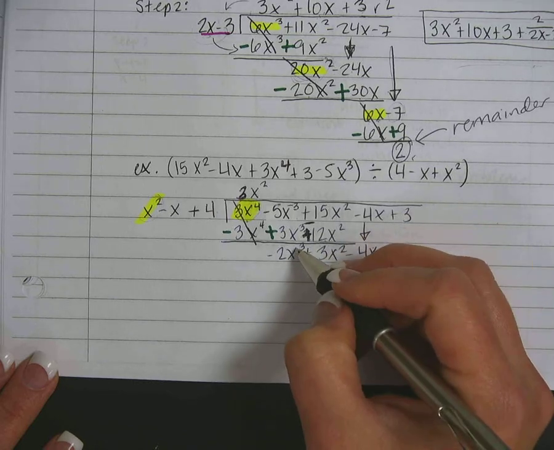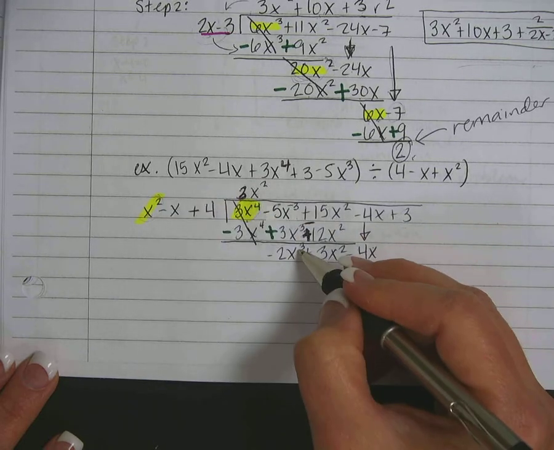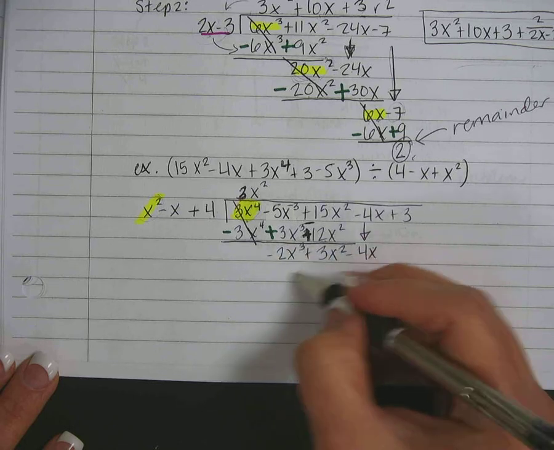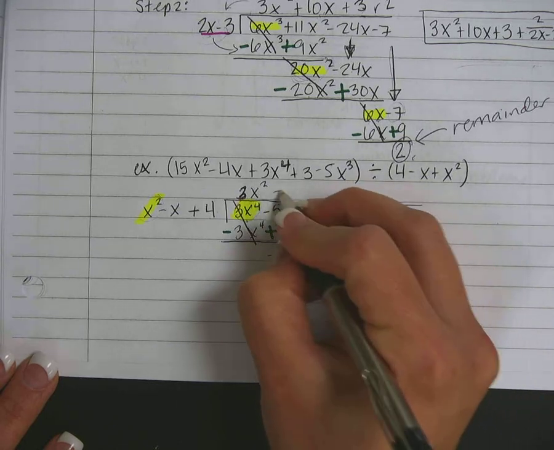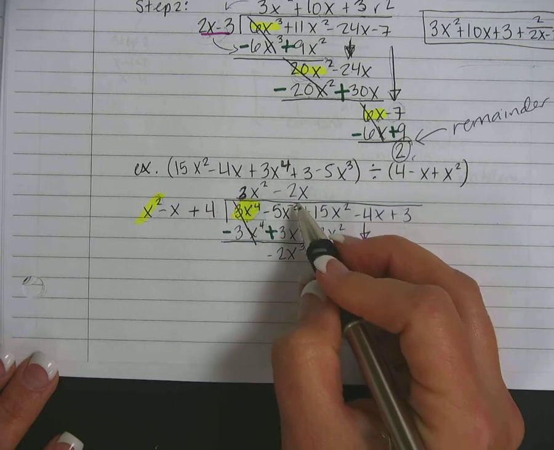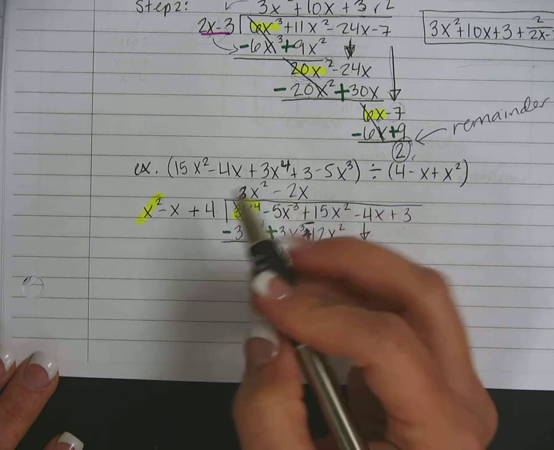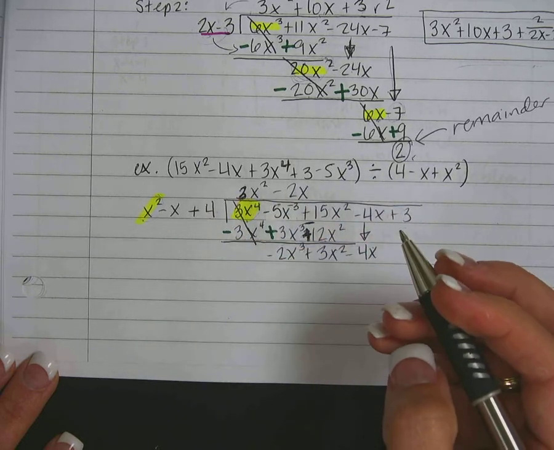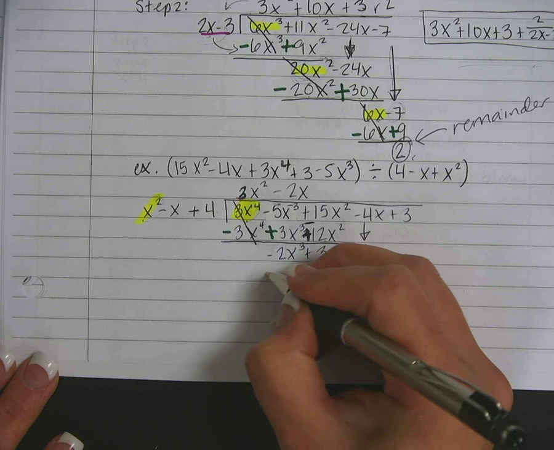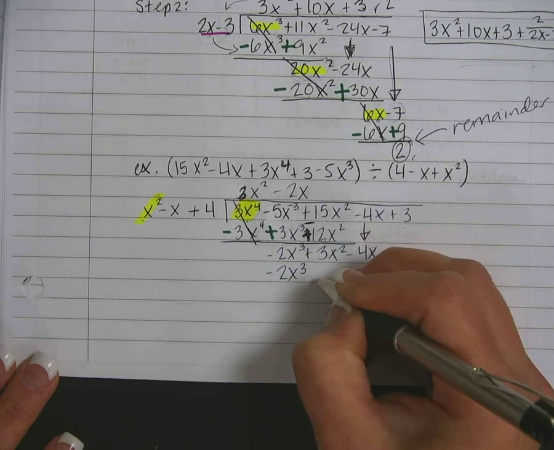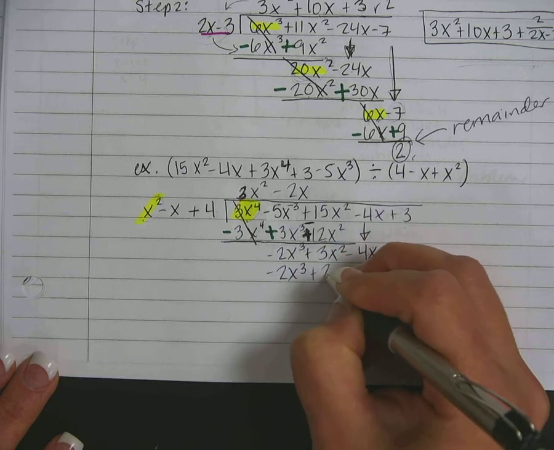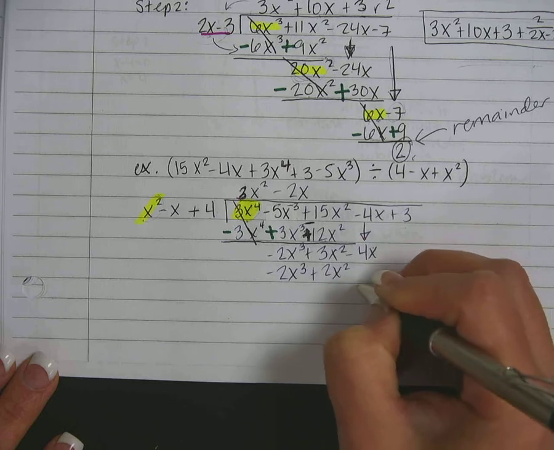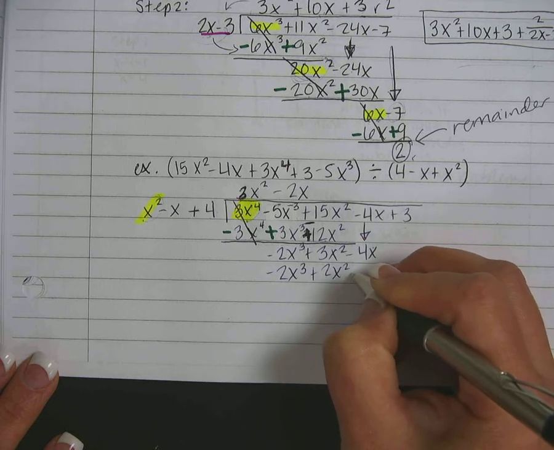So now I need to decide what to multiply x squared by to make it cancel with the negative 2x cubed, and that's going to be minus 2x. So negative 2x times x squared will give me negative 2x cubed plus 2x squared minus 8x.